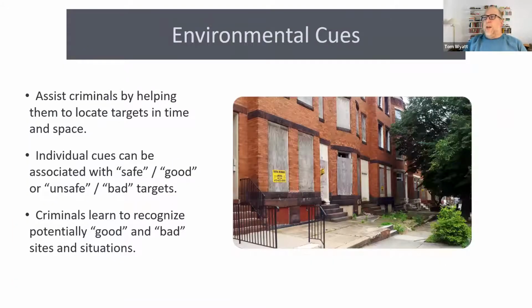And then just one more slide on some of the background here. This is environmental cues. If you think of this like investment, people that are looking to commit acts that are out of step with what's acceptable in the school or any place are looking for good targets and bad targets, the same as we would if we were looking for a car or looking to invest in the stock market.